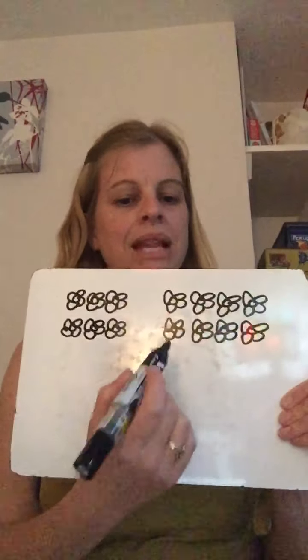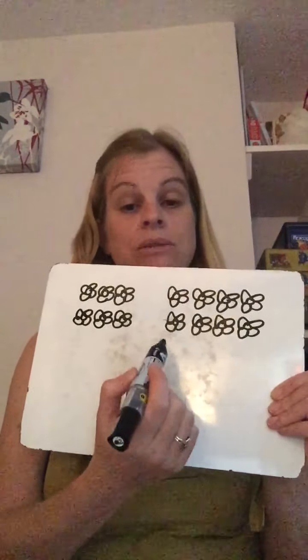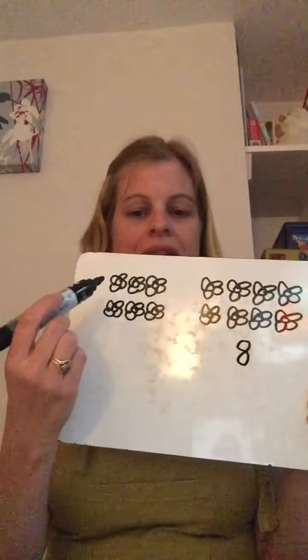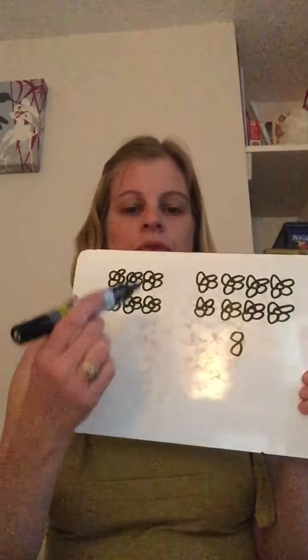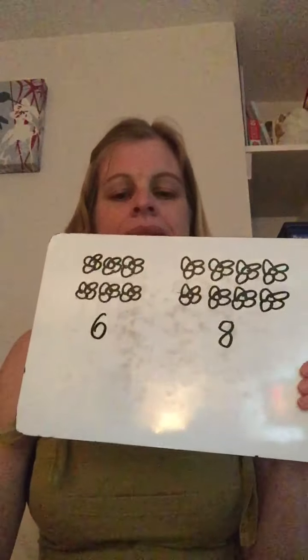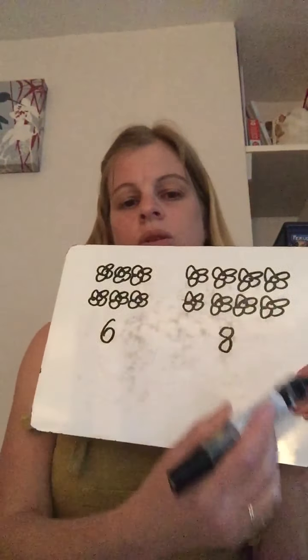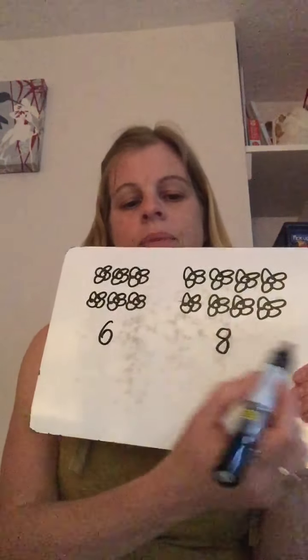So, let's look. How many have I got here? Well, we can count in twos, can't we? 2, 4, 6, 8. I've got 8. How many have I got here? 2, 4, 6. I've got 6. Normally, we would make it into a number sentence and find out the answer.